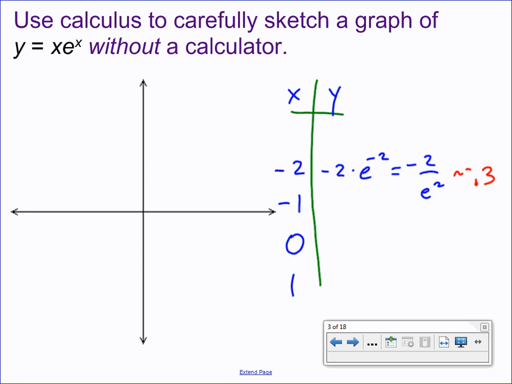At x equals negative 1, my original function y equals negative e to the negative 1, that's negative 1 over e. Recall that e is about 2.718, so negative 1 over 2.7 is going to be larger than a third, so maybe about negative 0.4.